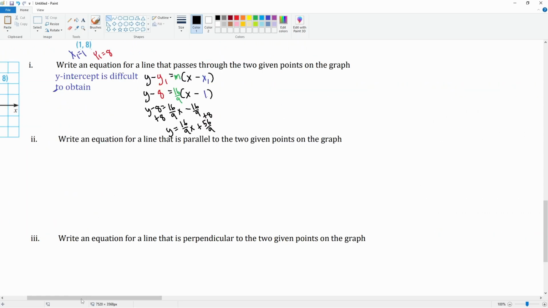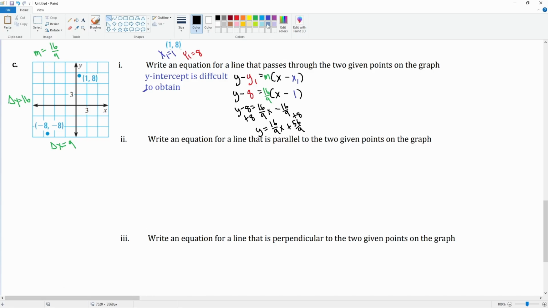Now we want to find a line that is parallel to that. Parallel means it has to have the same slope. So the m has to be equal to the m parallel slope. The slope of the regular line is parallel to the slope of the next line. So the parallel slope is going to be also 16 over 9x.